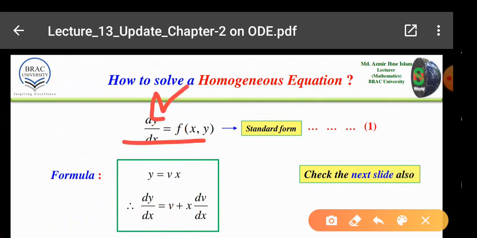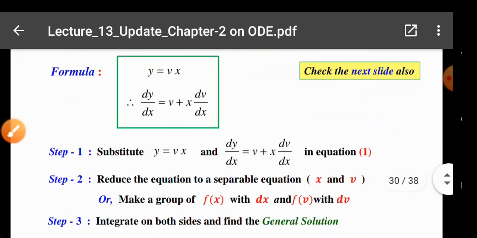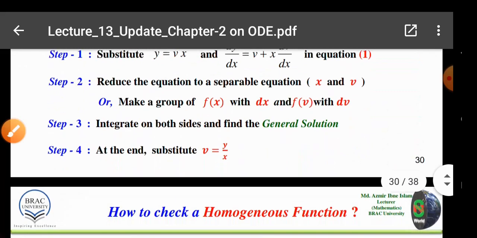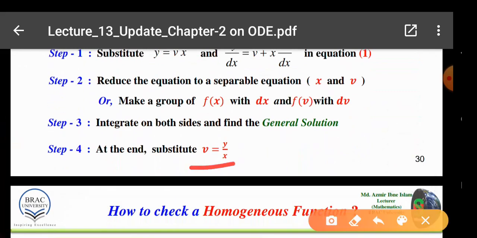Whatever we have here, it is for y. So since you have used y equal to vx, from this part you can write v equal to y by x. That means in the general solution, just replace v as y by x and you will get the proper solution.